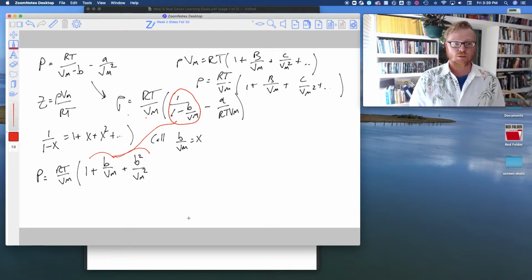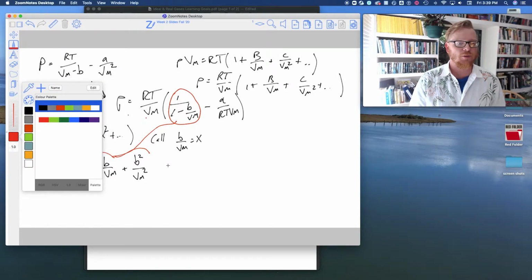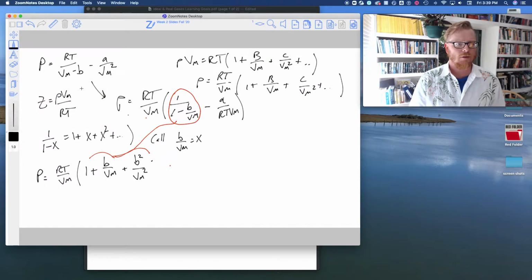So I expanded that. I still have this term to go, and I'm not going to do anything special with it. I'm just going to write it directly: minus A over RT Vm.